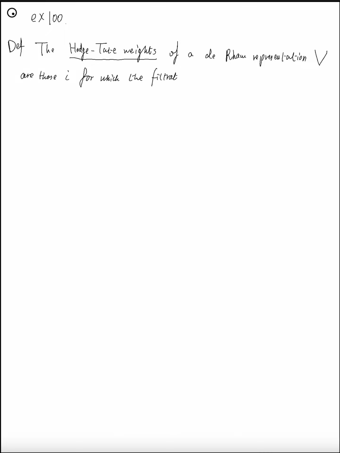The Hodge-Tate weights of the de Rham representation, let's say call it V, are those integers i for which the filtration on the de Rham module jumps.